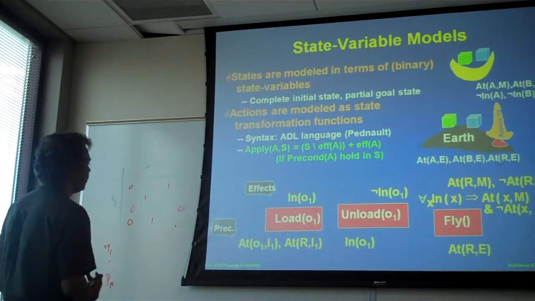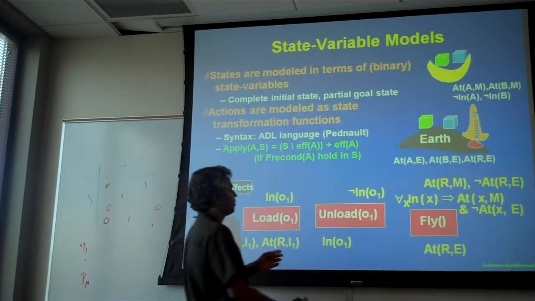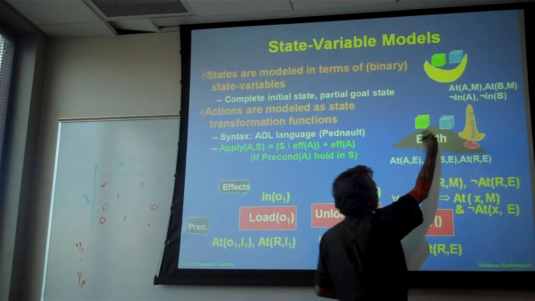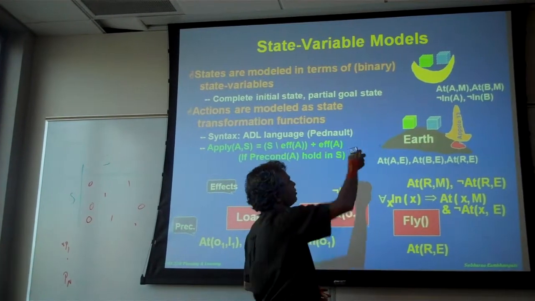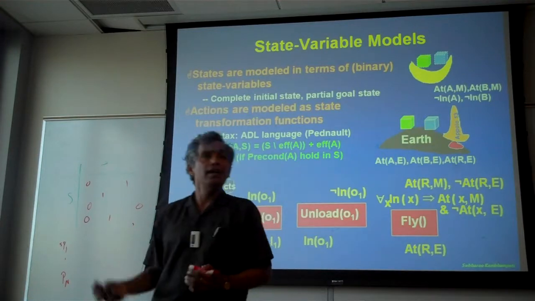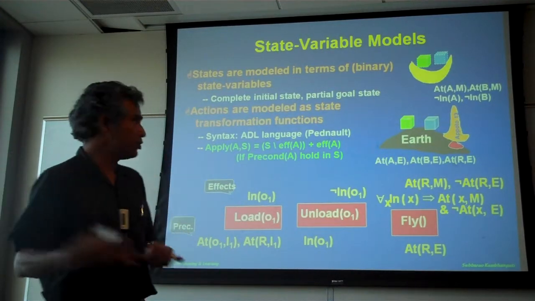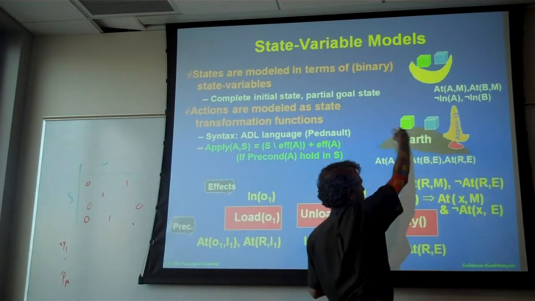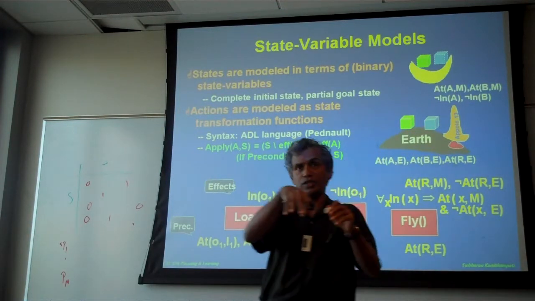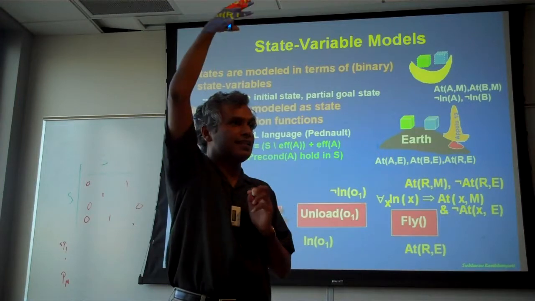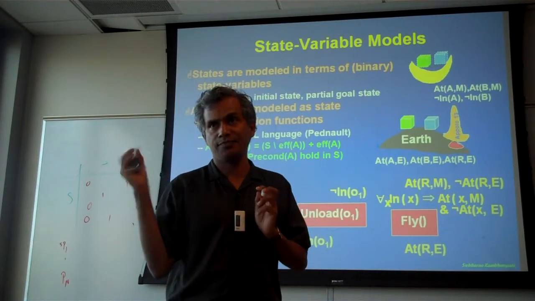For example, this is a slightly different world where you have 2 packages on Earth and you are trying to take both of them to the Moon, and you have a one-way rocket which can only be used once. Of course, if you want to get both packages onto the Moon, I assume you realize that you have to put both of them in before the rocket takes off, because once it takes off it can't come back.